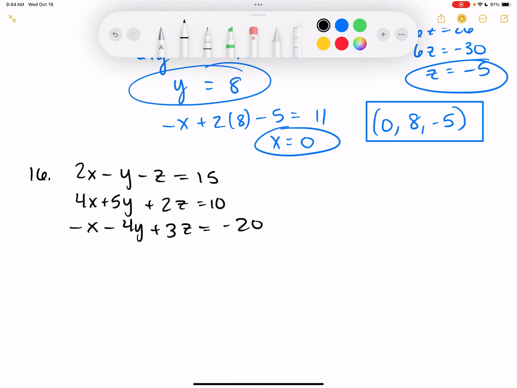So I think I am going to get z by itself in the top one. Doesn't really matter, just trying to do something different. So negative z is equal to negative 2x plus y plus 15. So z is equal to 2x minus y minus 15.